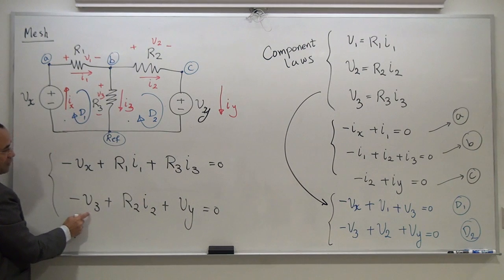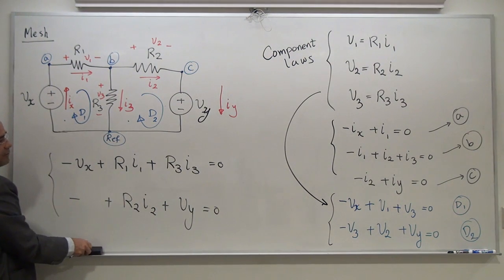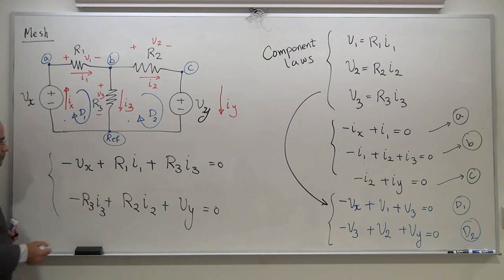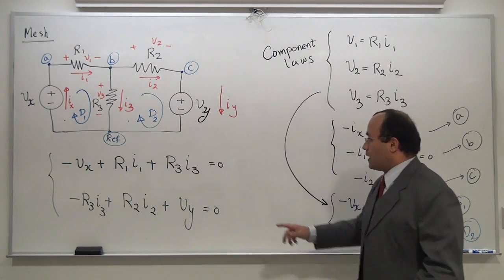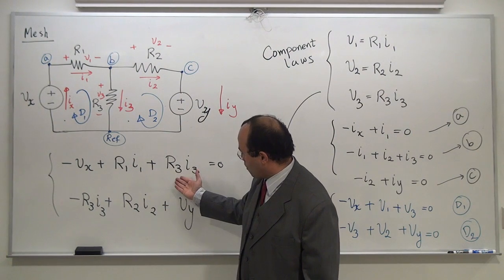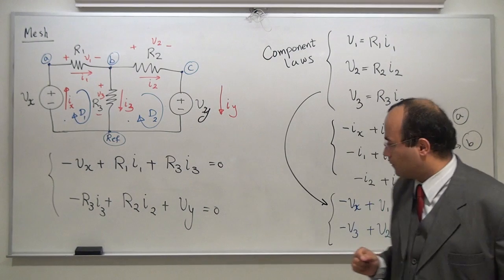So I need to replace V3 as well, my mistake. V3 is going to be R3 I3. Vx and Vy are known, R1, R2, R3 are known, I1, I2, I3 are not known, and I need to find them.